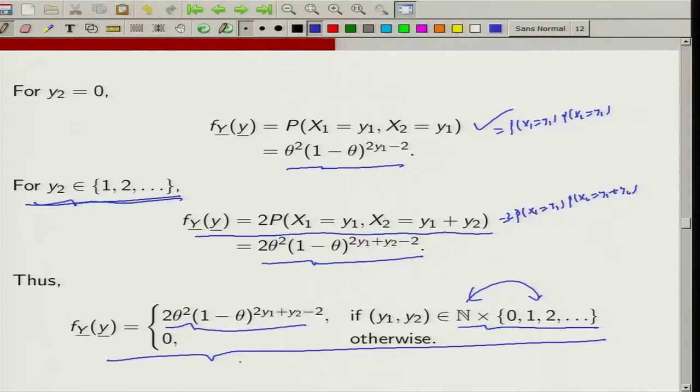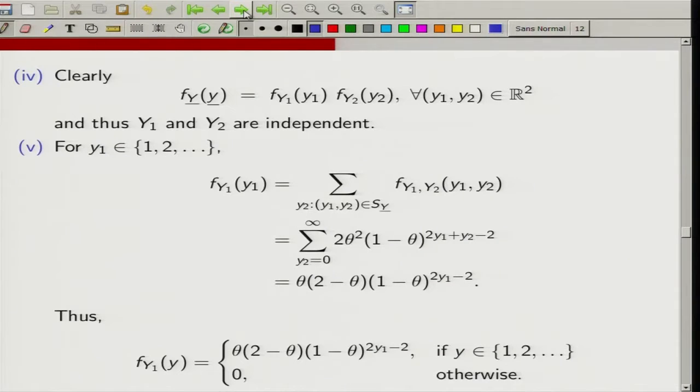In the functional form also, the terms of y1 and y2 can be separated out, because they can be written as 2 theta square, 1 minus theta to the power twice y1 minus 2, times 1 minus theta to the power 2 y2. So, here also they can be separated out. So, this suggests that y1 and y2 are independent just through observation. Otherwise, you can easily verify that f_Y(y1, y2) is the same as f_Y1(y1) f_Y2(y2). So, thus y1 and y2 are independent.